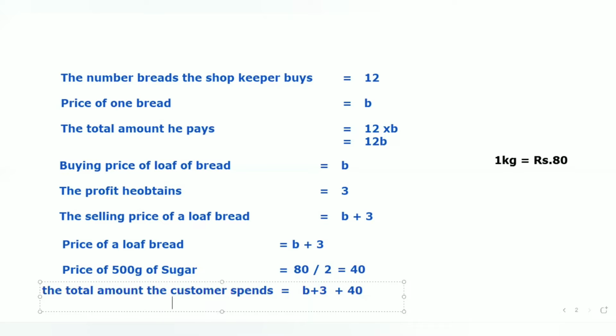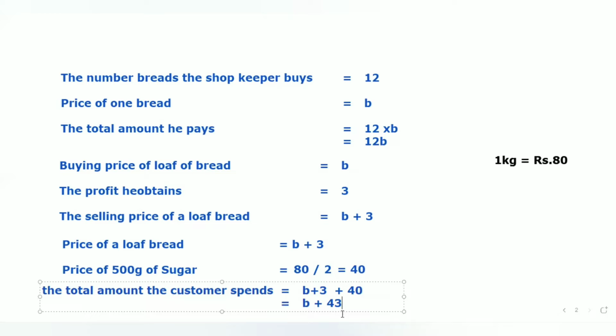So the total will be B, we can't add it with anyone else. It's an unknown term, so we have to keep it as it is. B, we keep as it is because it is an unknown term. Right? Then 3 and 40 are numbers we know, so we can add them together. So 40 plus 3 will be 43.